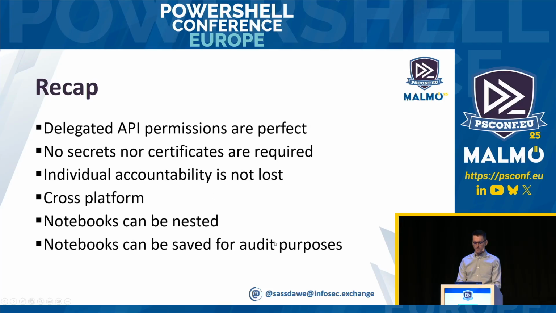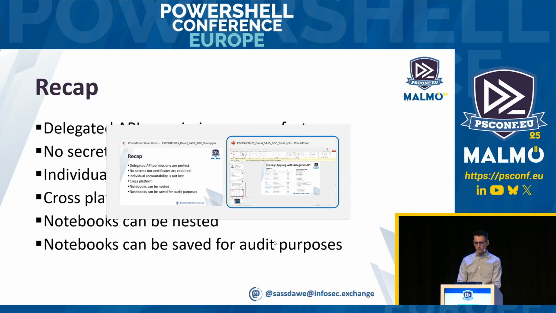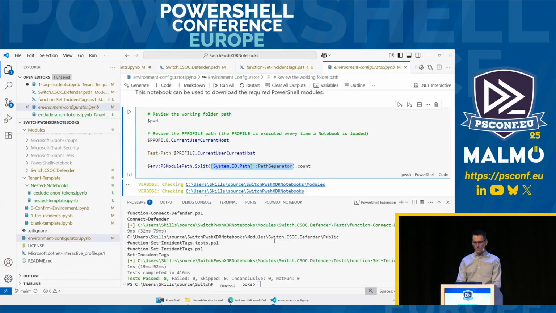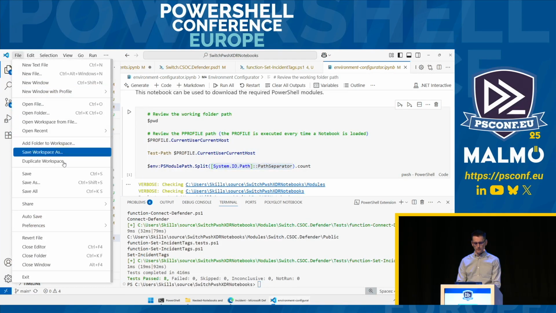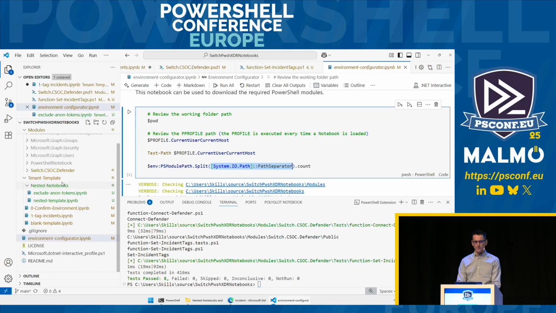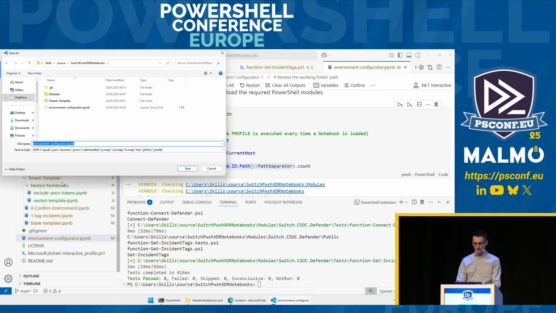And the extra benefit is that when you investigate something and it seems like a big deal, you can just say File, Save As. That will save all the output and everything into its dedicated notebook, and you can keep it for audit purposes.